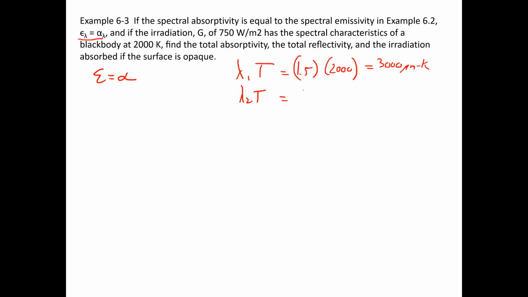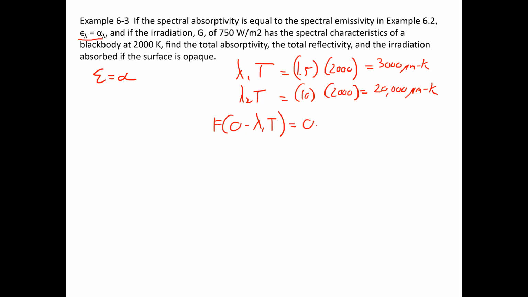And then the second range ends at a value of 10 microns, multiplied by 2000 Kelvin gives us a value of 20,000 micrometer-Kelvin.